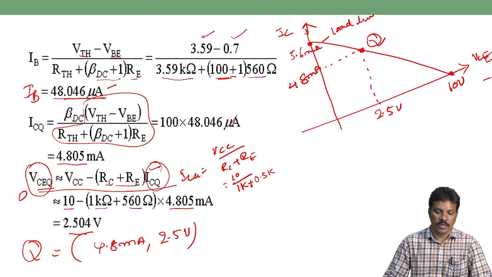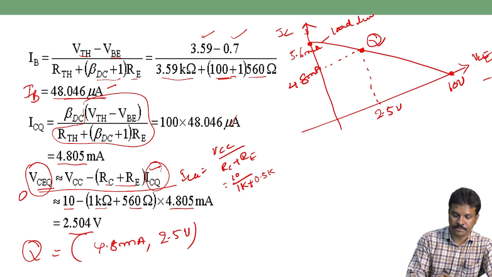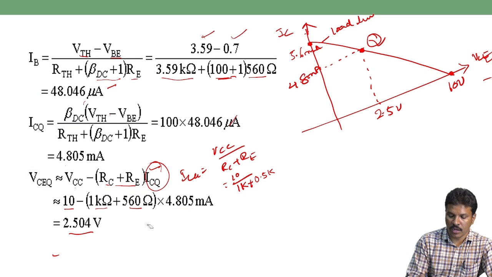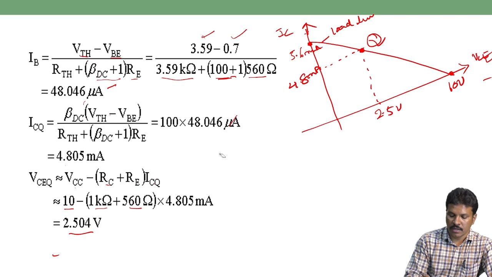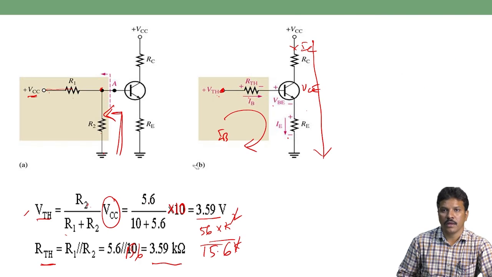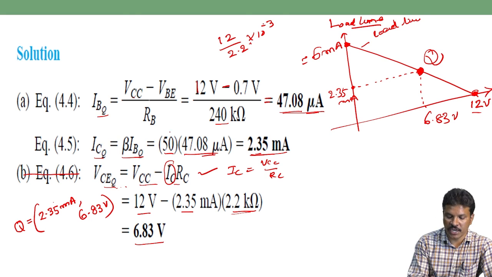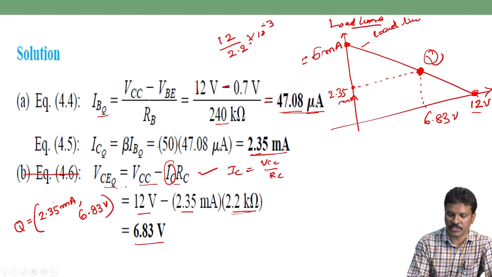So in this, if you observe, if it is fixed bias, for example, and I am changing this beta, I am not changing it. This beta is a function of temperature.